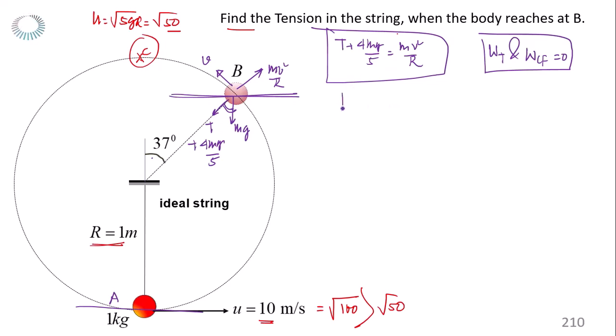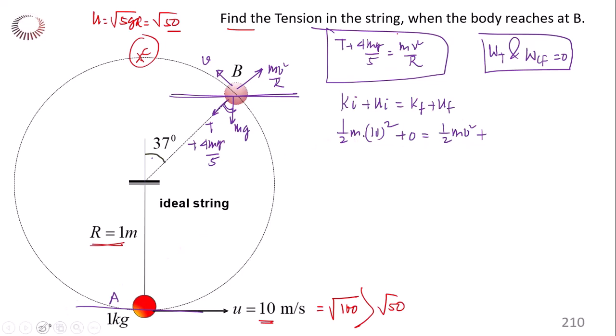So initial kinetic energy Ki plus initial potential energy Ui should be equal to final kinetic energy Kf plus final potential energy Uf. Now what is Ki? Ki is half mv square. So simply write half m into 10 square, because I am projecting with 10 meter per second. Potential energy is 0. Final kinetic energy is half m into v square. I want to calculate that v number and I have to write the potential energy.